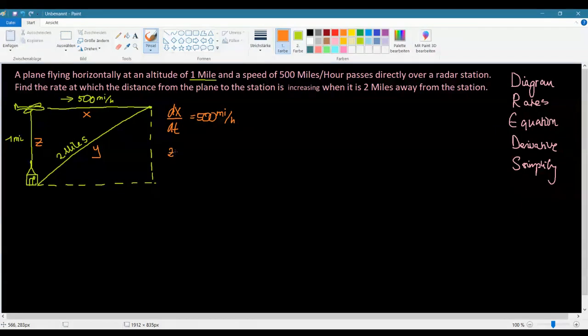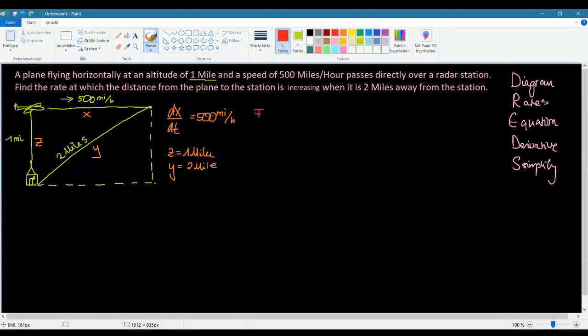We know that Z is 1 mile. We also know that Y is 2 miles. What don't we know? We do not know the length of X.